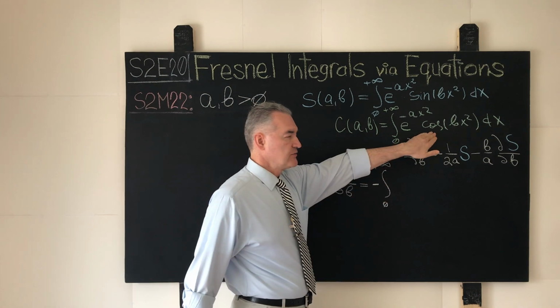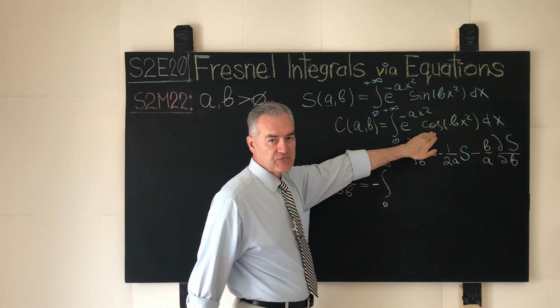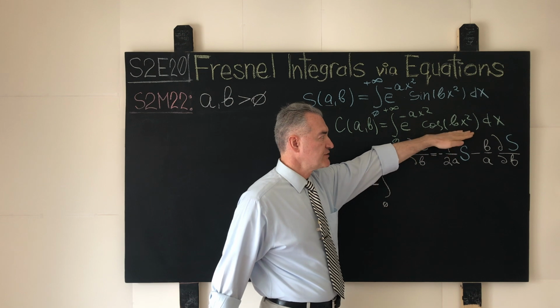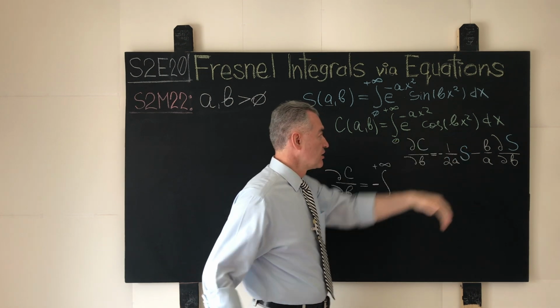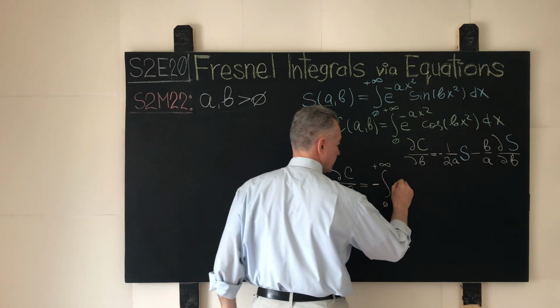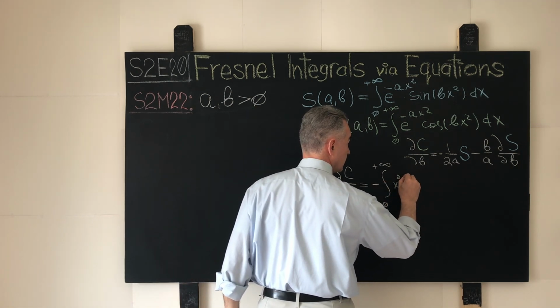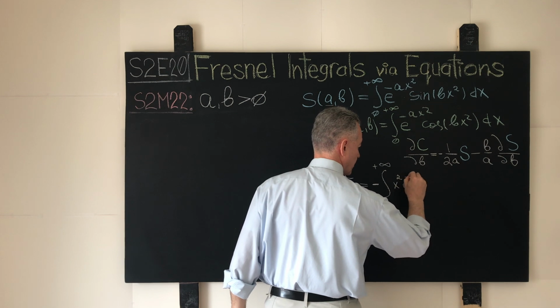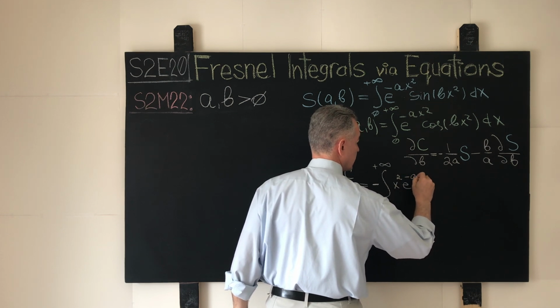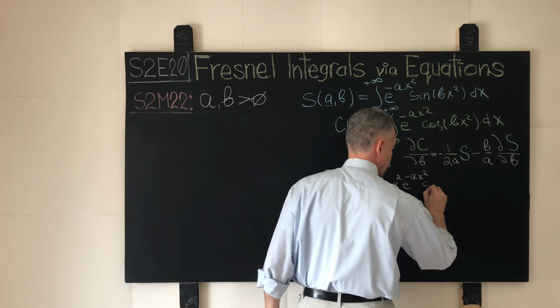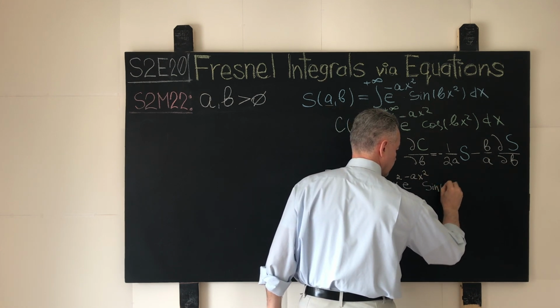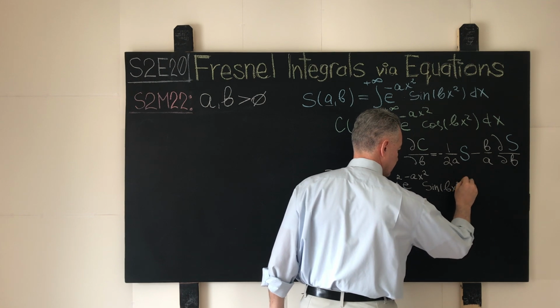The first derivative of this expression over here with respect to b will be x squared. So this is exactly what we write: x squared times e to the power minus x squared, sine of b x squared, dx.